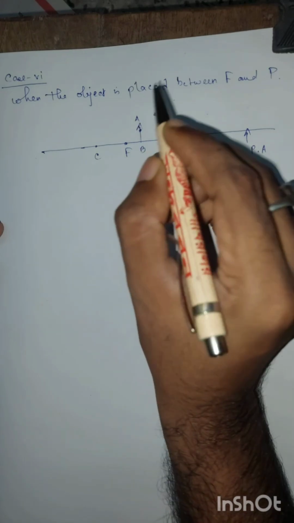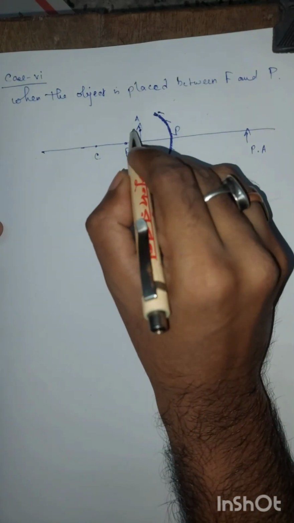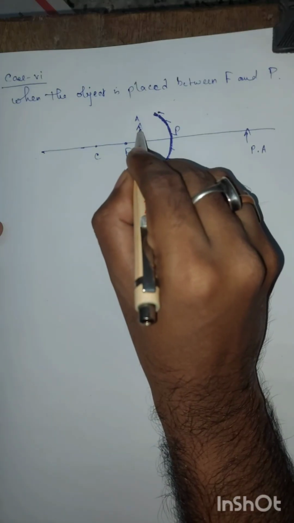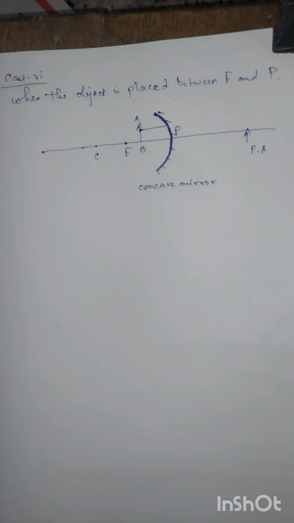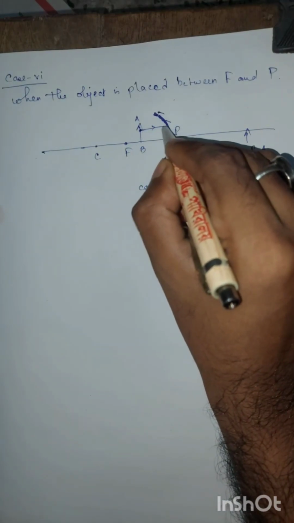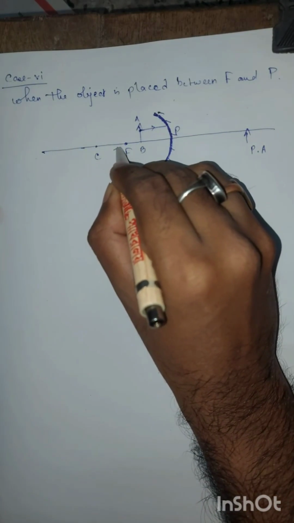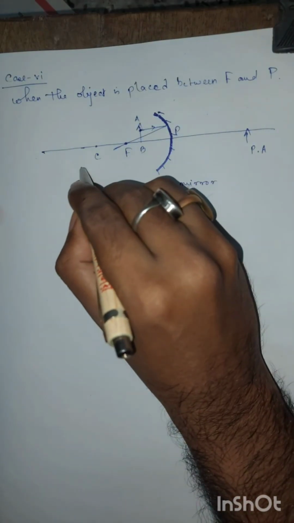The first ray, let us assume the first ray is parallel to the principal axis. So after getting reflected, it passes through the focus.